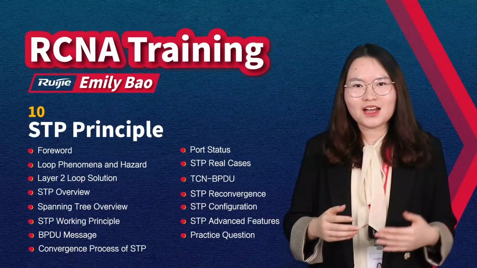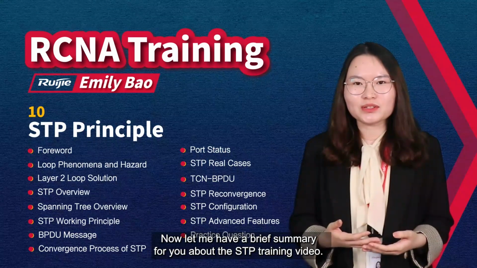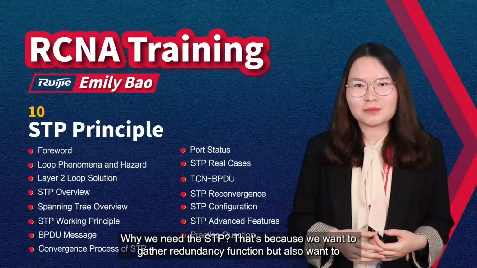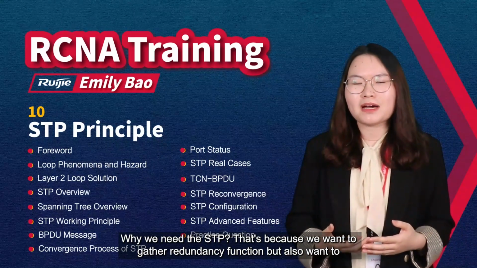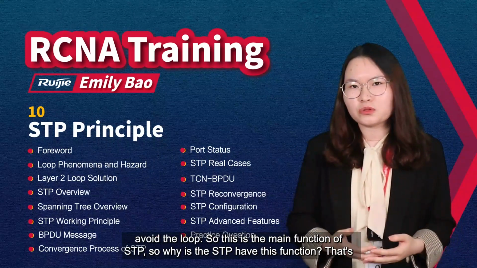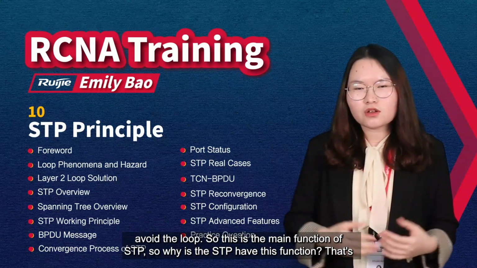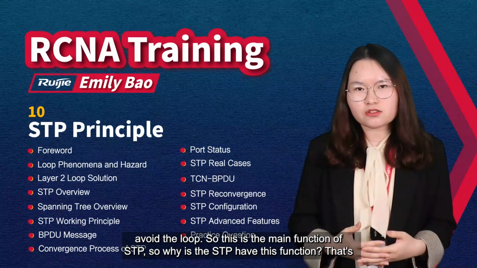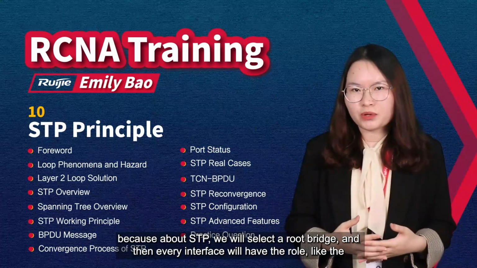Thank you. Now let me give you a brief summary of the STP training video. Why do we need STP? That's because we want the redundancy function but also want to avoid the loop. So this is the main function of STP. So why does STP have this function? That's because in STP we select a root bridge.